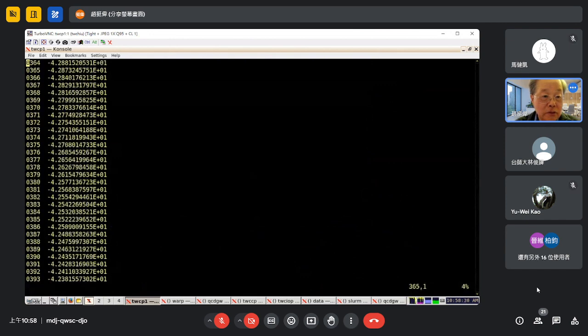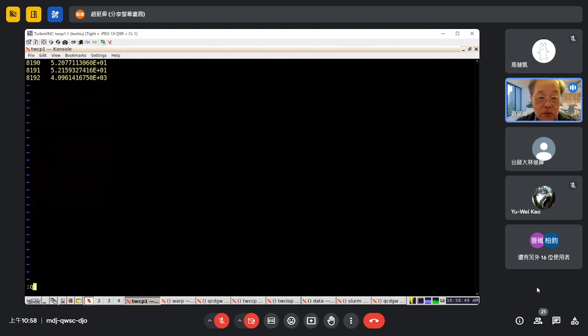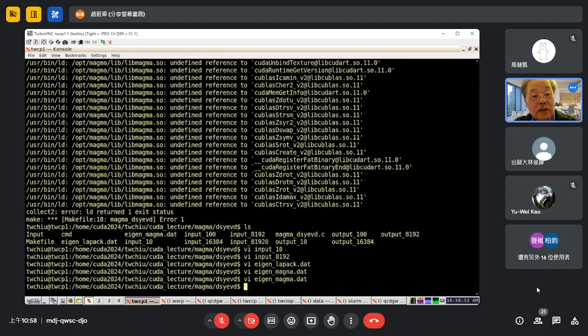You can see the eigenvalues are very densely populated, from negative to positive, and the largest is about 4,000 or so. This is what you expect from a random matrix, with elements from minus 1 to plus 1.